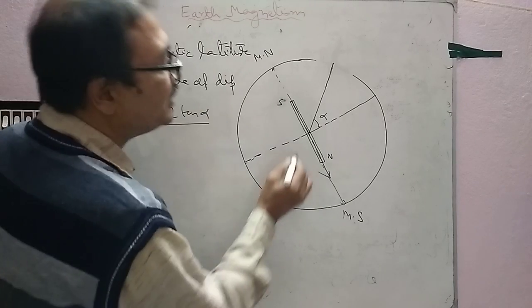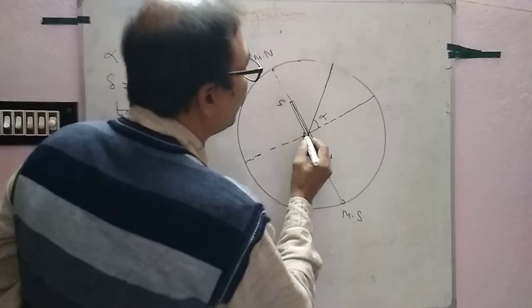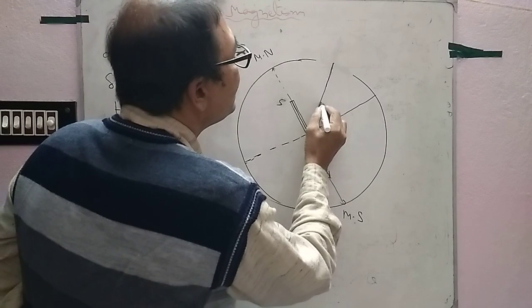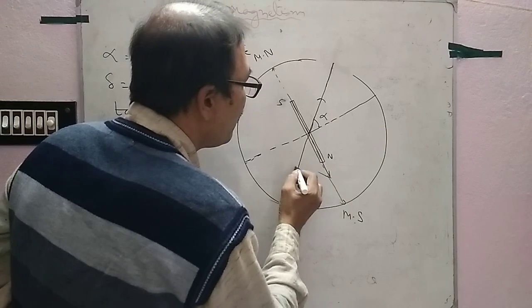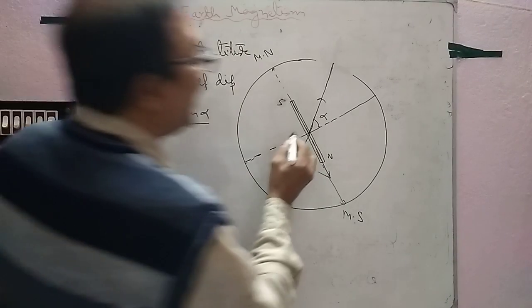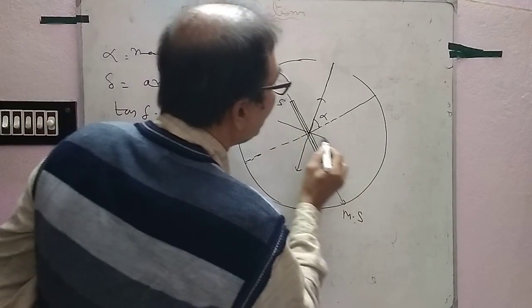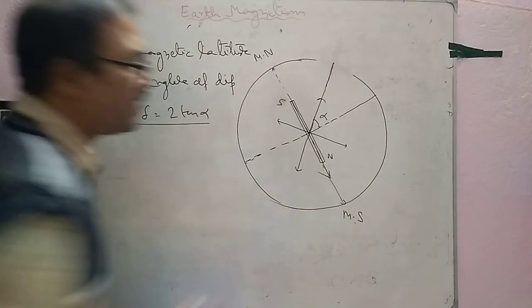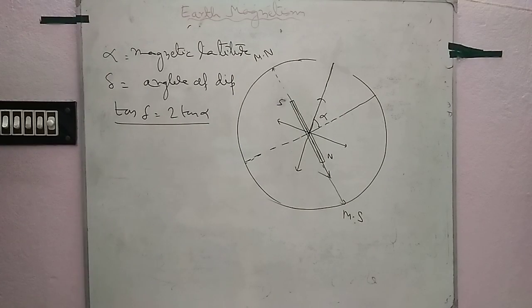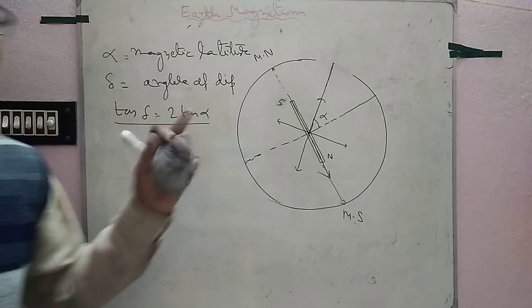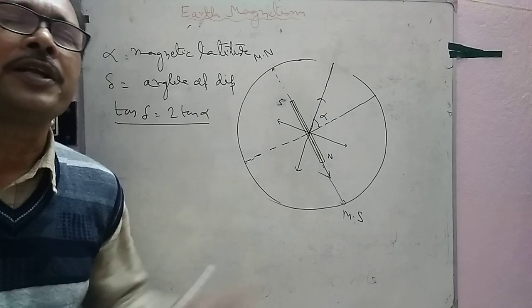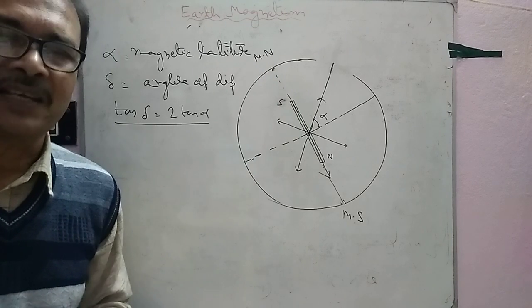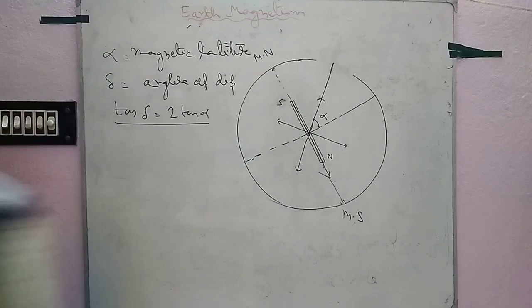If we resolve this magnetic moment into two components, follow. One is in this direction and another is in this direction. In my previous class I proved this type of problem, finding the magnetic field at any point due to a bar magnet. Clear?